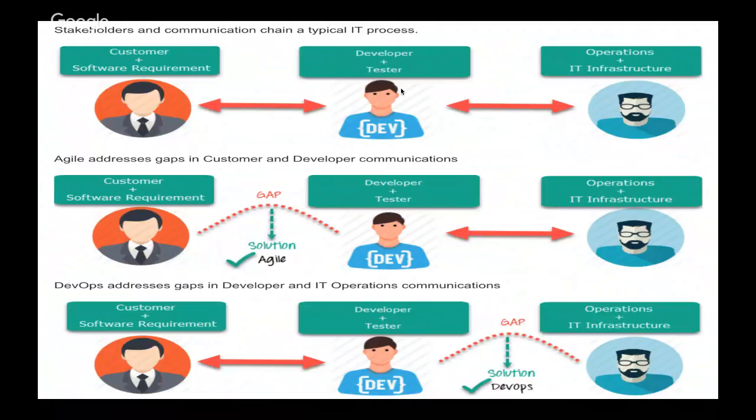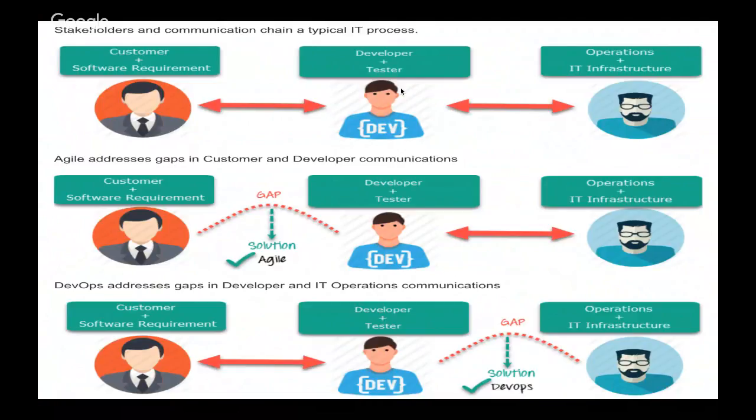As I talked about, collaboration, communication, and learning and improving take place very often in Agile, and the gap between software requirement, customers, developers, and testers is removed, but still there is a gap between them and IT operations and infrastructure.